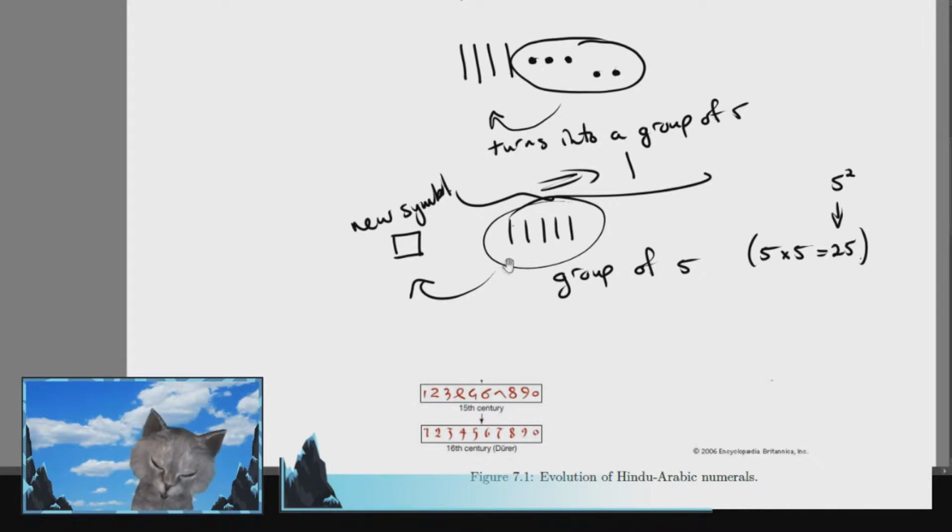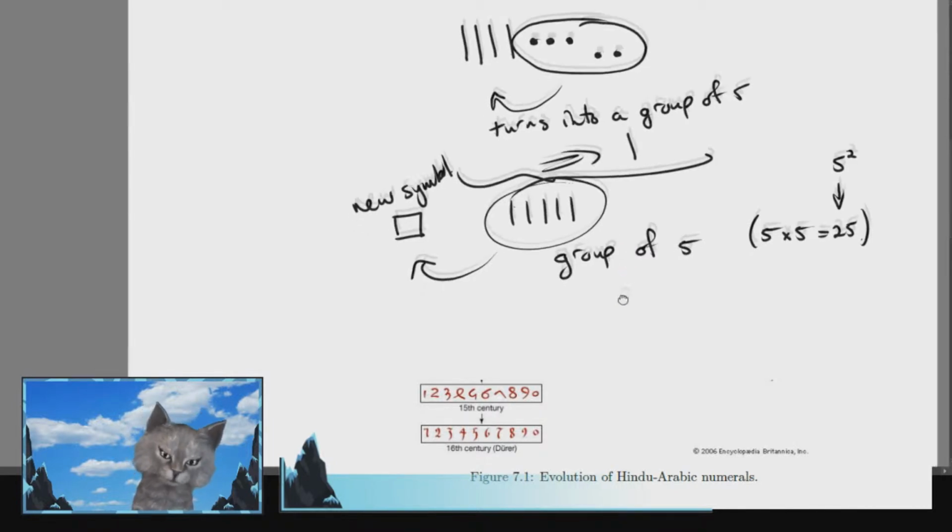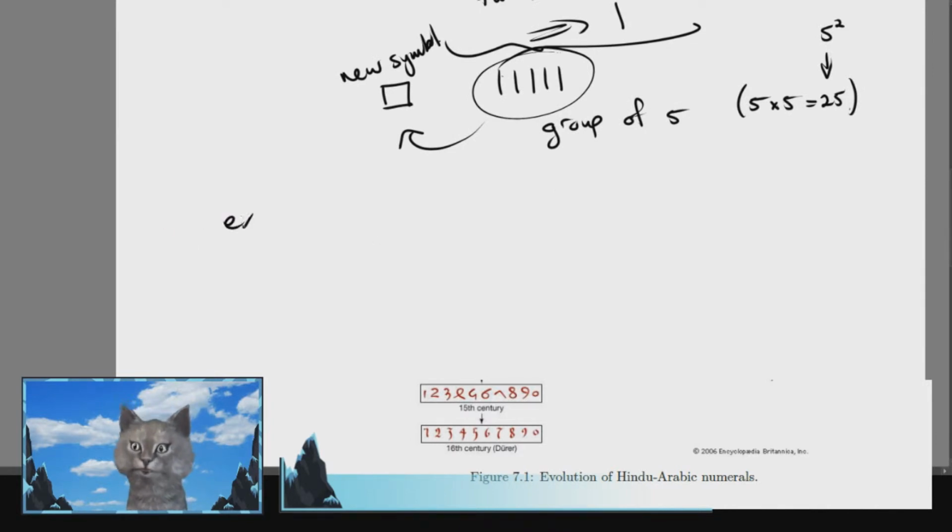And you have this very basic way of representing quantities, each time introducing new symbols when your group size is full. So for example, we could have a quantity like 37 and say that is one group of 25. How much is left over then?